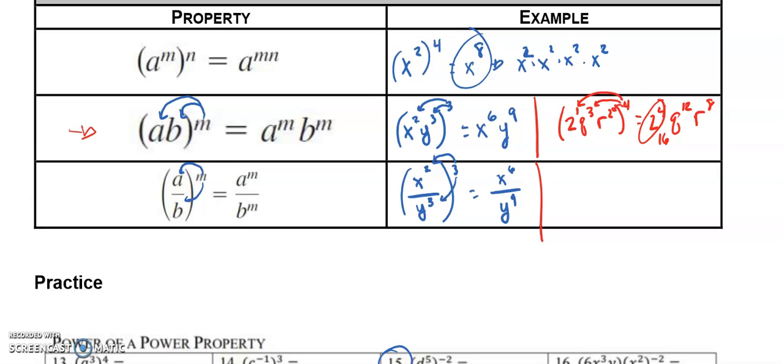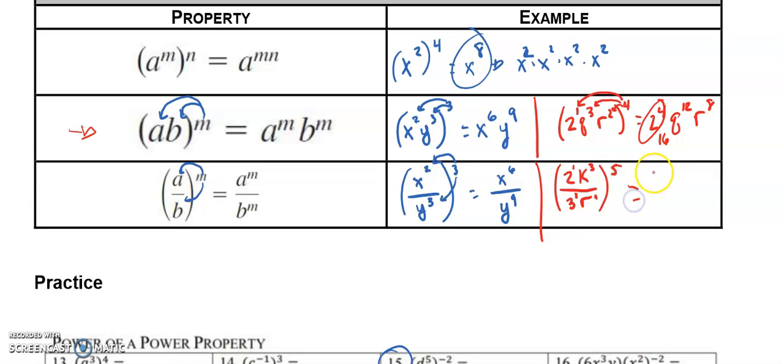Similar to what we talked about just above, let's say I had 2k to the 3rd over 3r, and that whole thing was raised to the 5th power. Remember, 2 has an exponent of 1, 3 has an exponent of 1, r has an exponent of 1.